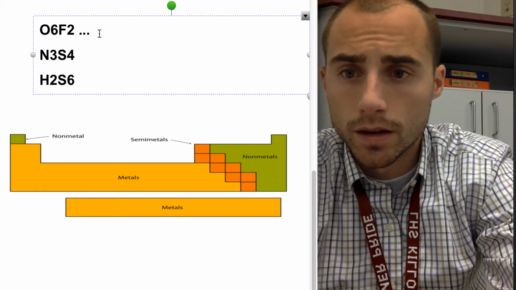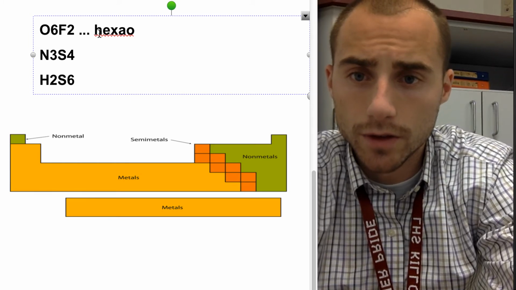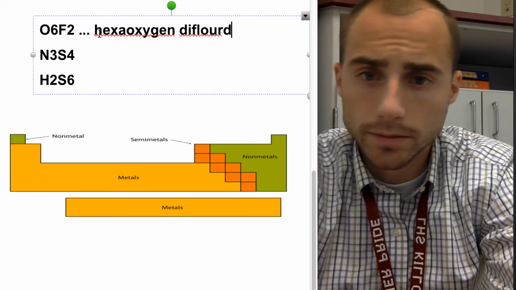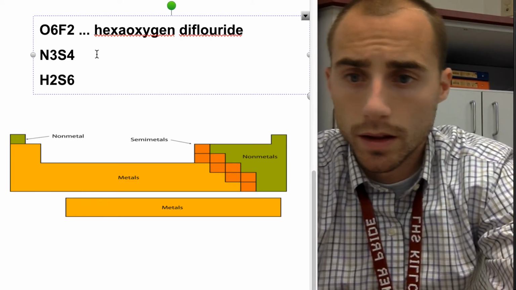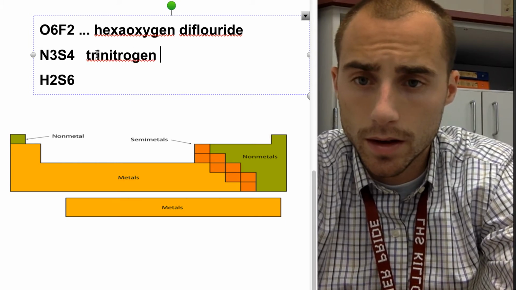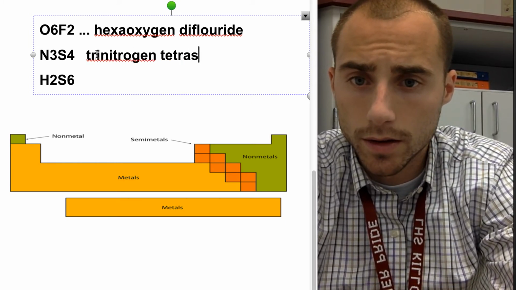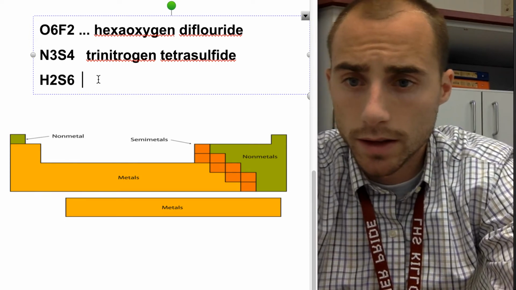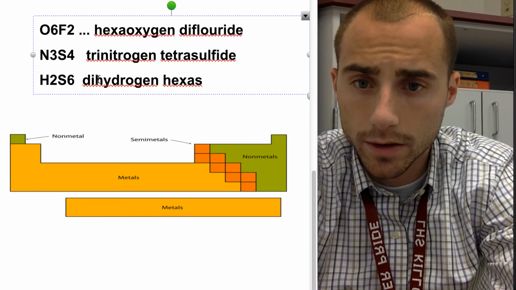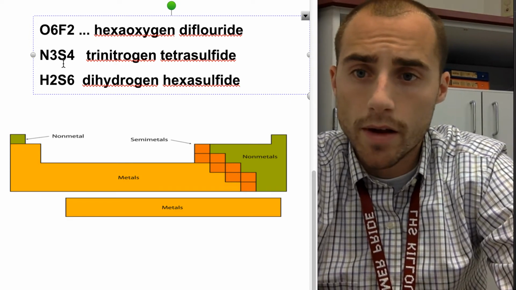Okay, this is hexaoxygen difluoride. This is trinitrogen tetrasulfide. And this is dihydrogen hexasulfide. Where am I getting those?